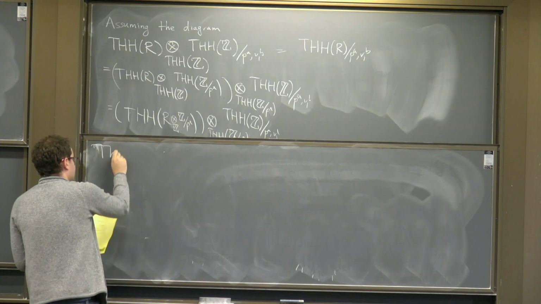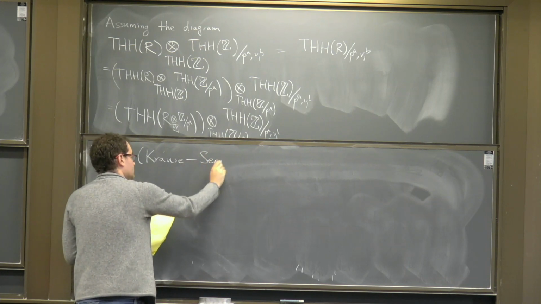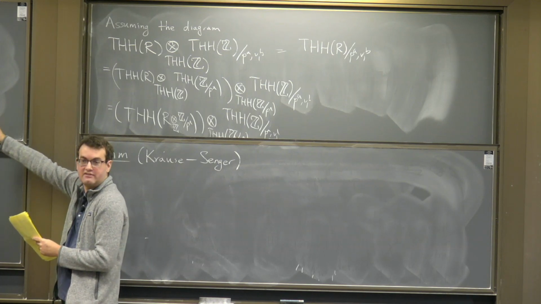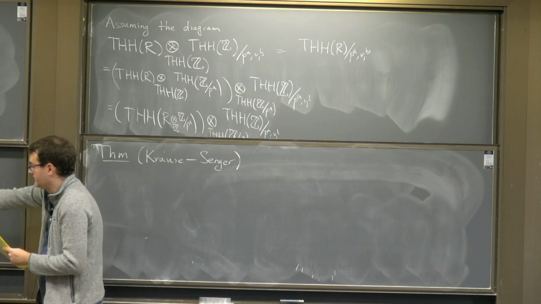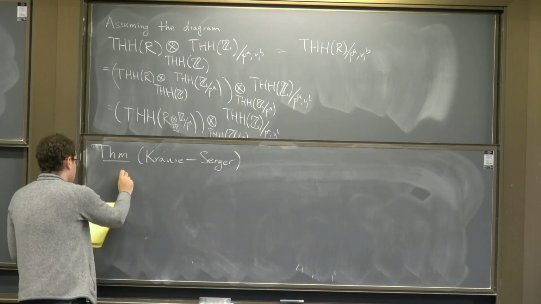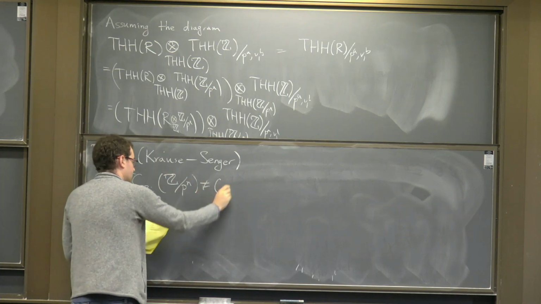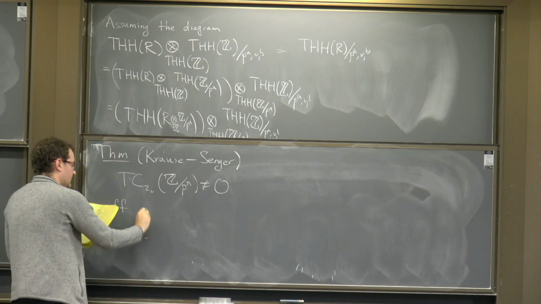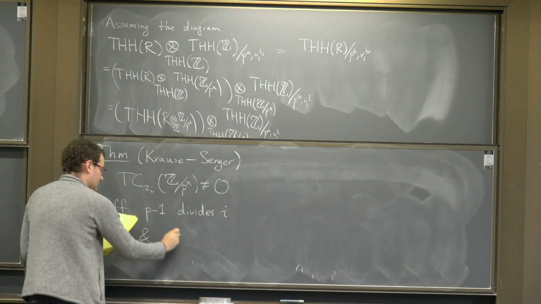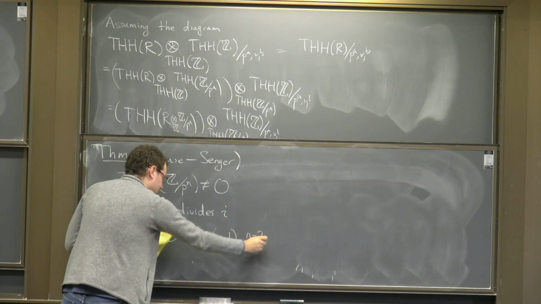Right, so maybe I'll advertise now a theorem of Joachim Krause and Andy Senger. By combining the knowledge they have in their algorithm with the explicit names of generators we came up with here, we learn that TC_{2i} of Z mod p to the n is non-zero if and only if p minus 1 divides i, and 0 is less than or equal to i is less than or equal to p minus 1 times p to the n minus 2.